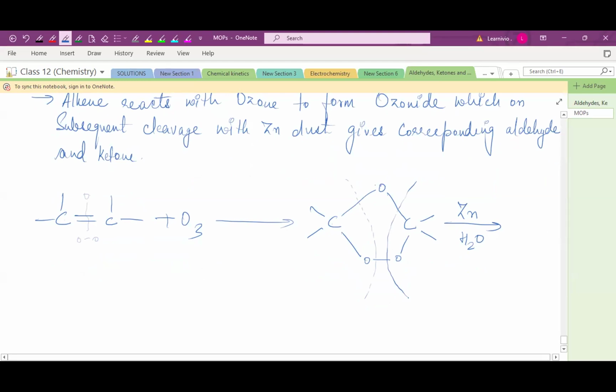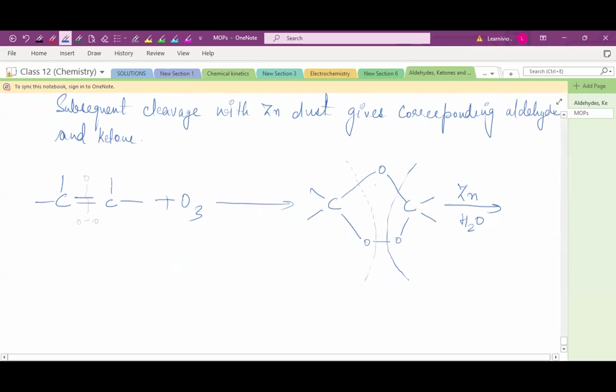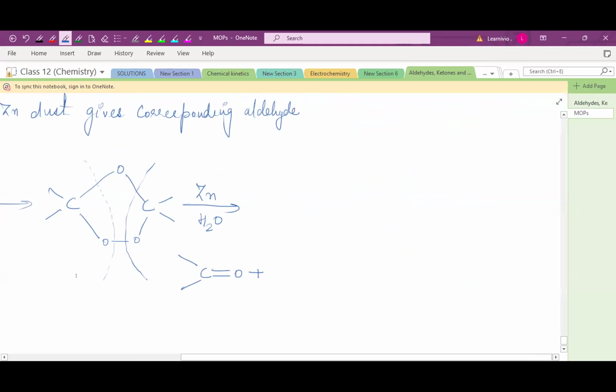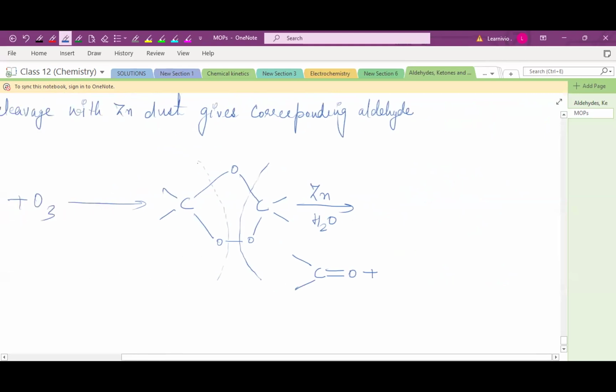This oxygen will be removed out, O2 की तरह remove हो जाएगा, and you will get carbon double bond oxygen. When this bond breaks, यहाँ से break हुआ, this will get carbon and oxygen, and this will get carbon and oxygen, double bond. You can also write 2 moles of ketone. This one you will get.